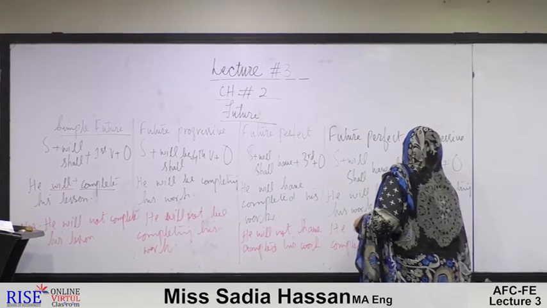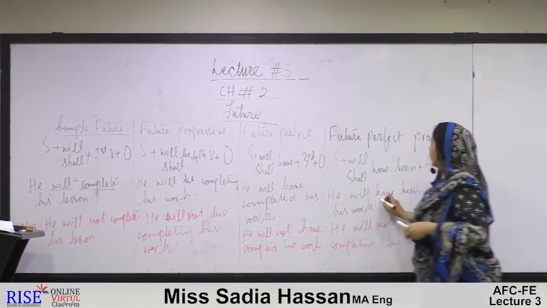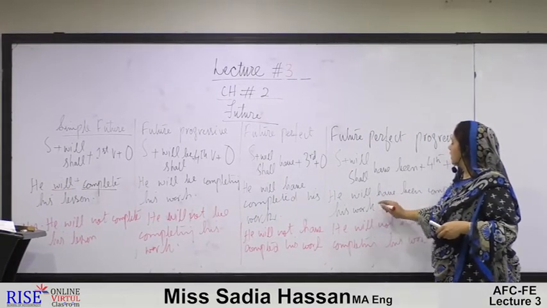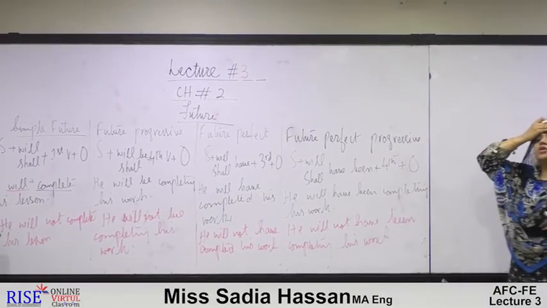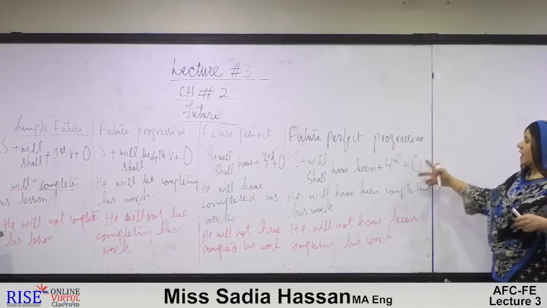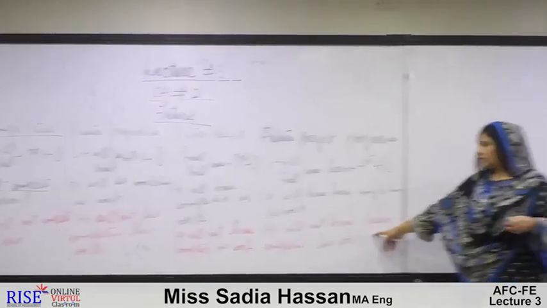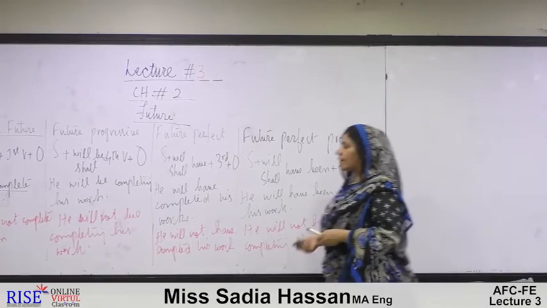As I have already told you, I can always use the construction of future perfect progressive without the use of since and for, as I have just done in this example. Now this was all the negative construction.